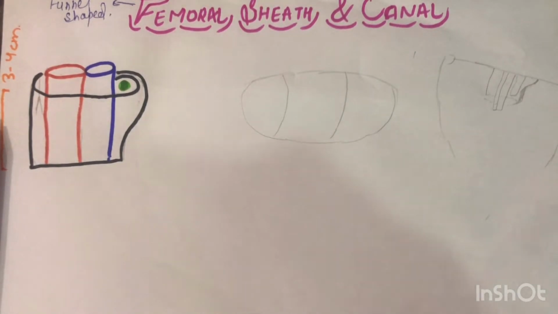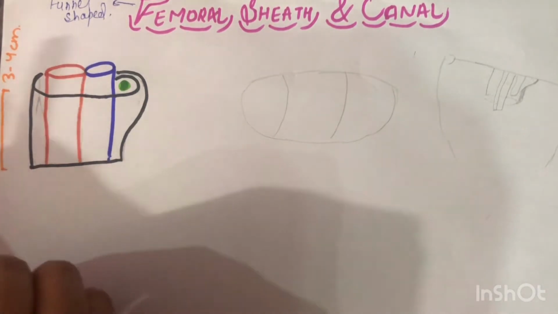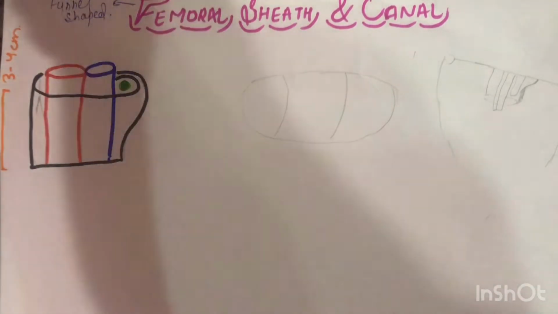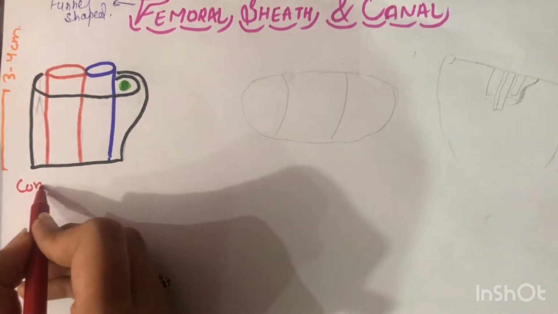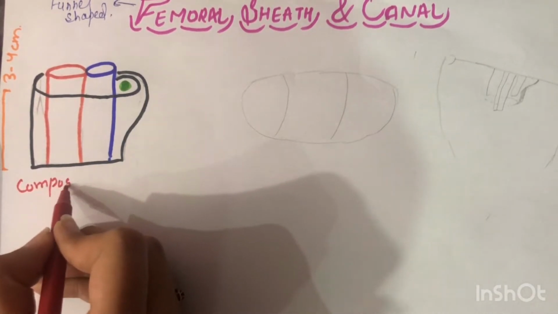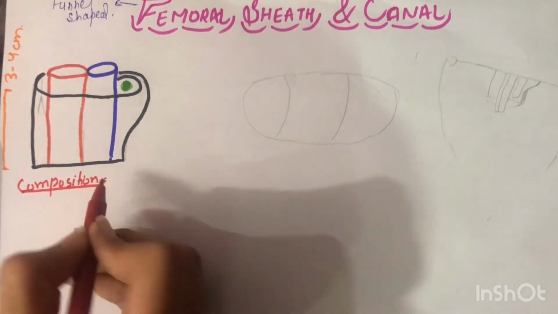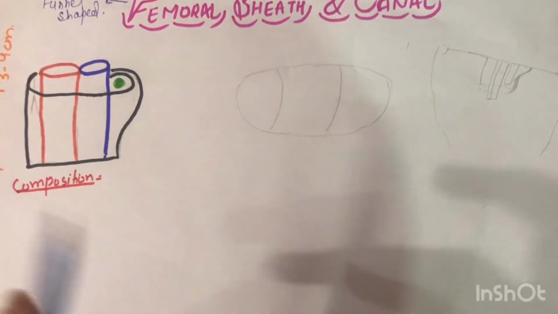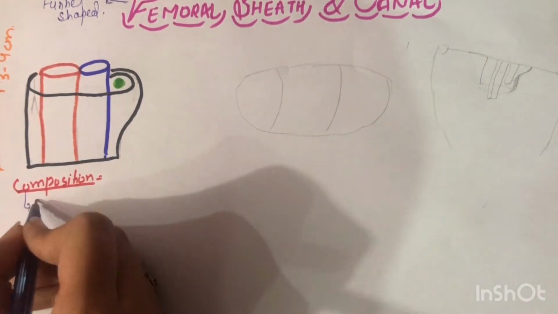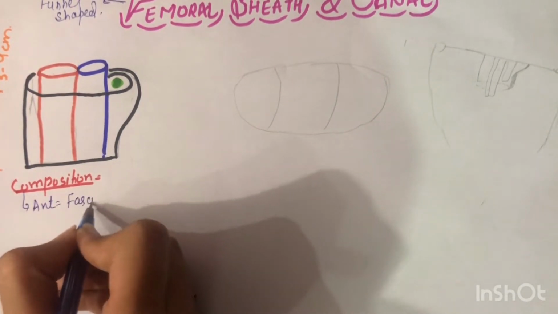Now its composition. So here I am writing composition. First of all, its composition, then we will learn about its contents. The first composition is anteriorly fascia transversalis.